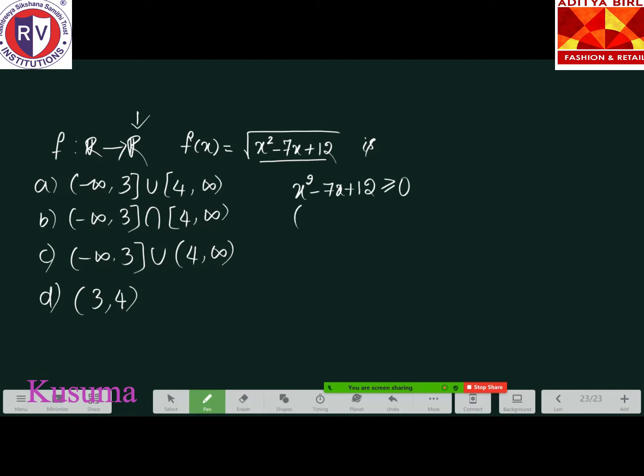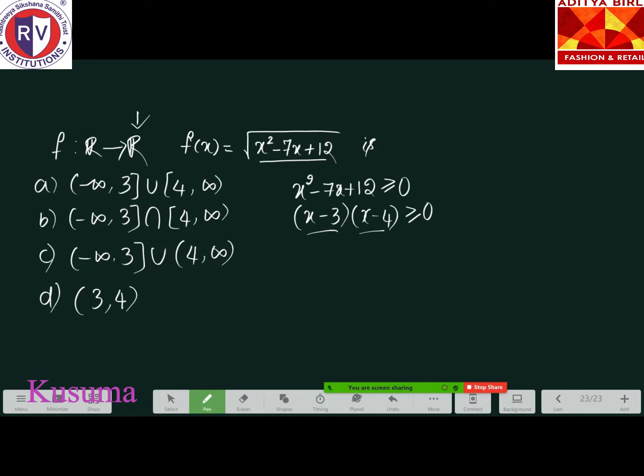So the roots here will be, the factors of this expression will be x minus 3 into x minus 4. This must be greater than or equal to 0. Are these the right factors, right?